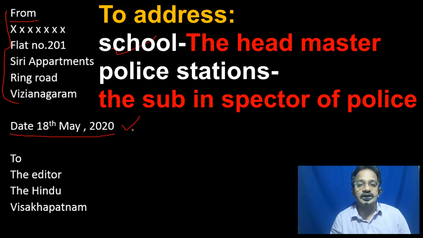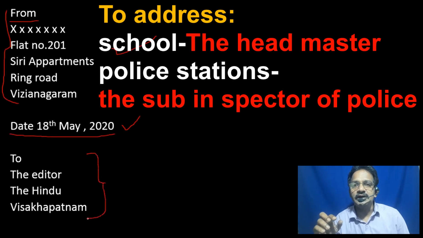And later after that, to whom you are writing. This part is very, very important, because this is what we call to address. You have to mention the name of that particular addressee, and the designation. If it is official letter, if you are writing letter to your headmaster, then who is the head of that institution, school headmaster.